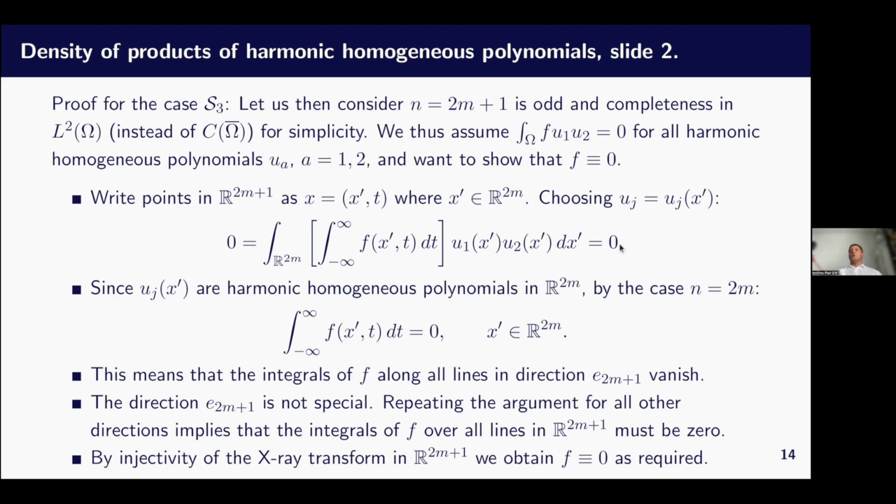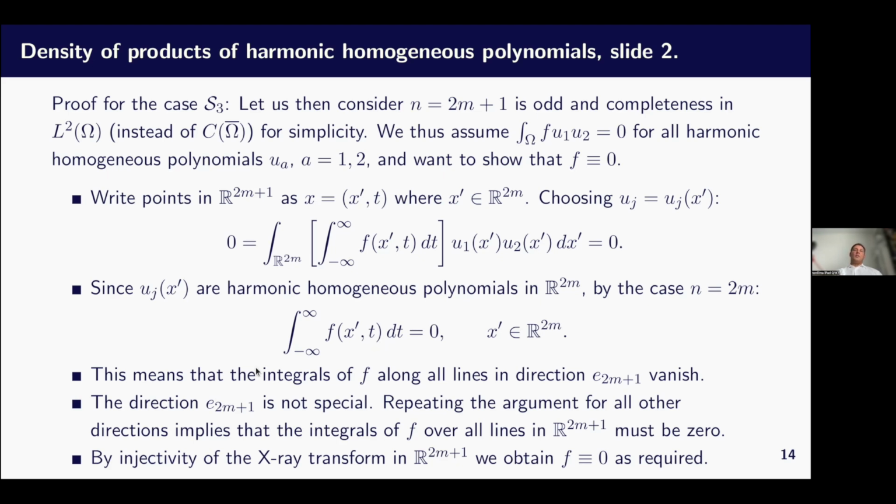But now if u1 and u2 are harmonic polynomials, as in the even dimension case, we actually can erase this first integral sign, which means that the integral of f in direction t, with x' now fixed, is 0 for any x' in R^(2n). So you can think that if you split the space into R^(2n) and t, the integral of f against all vertical lines is 0.